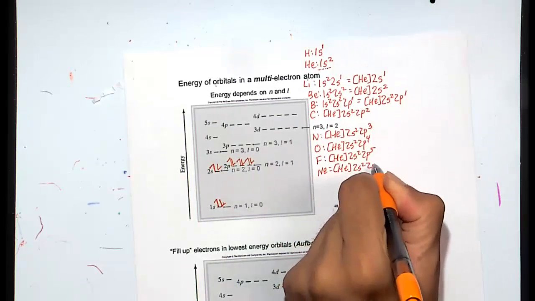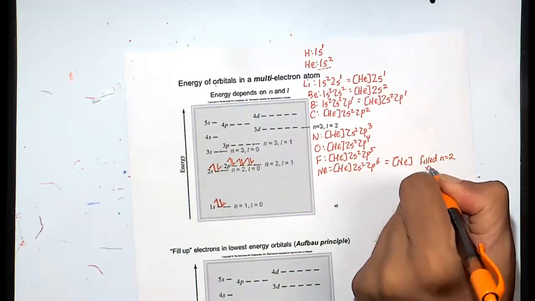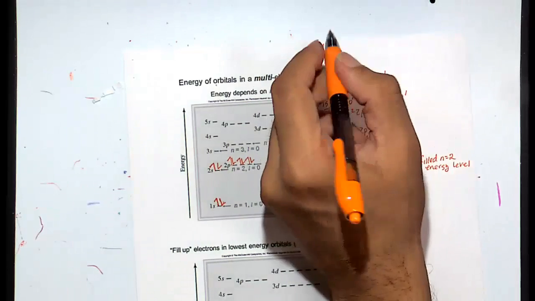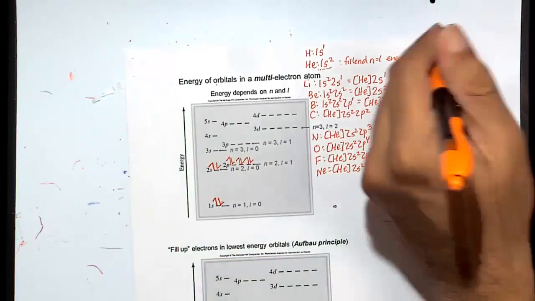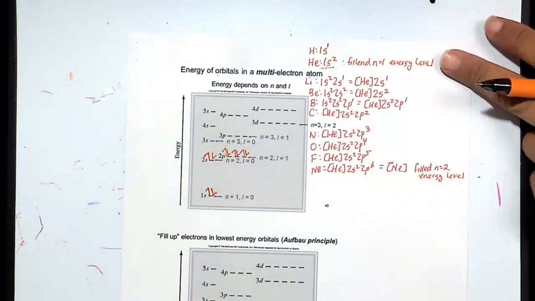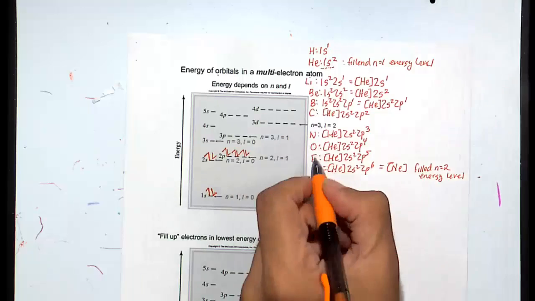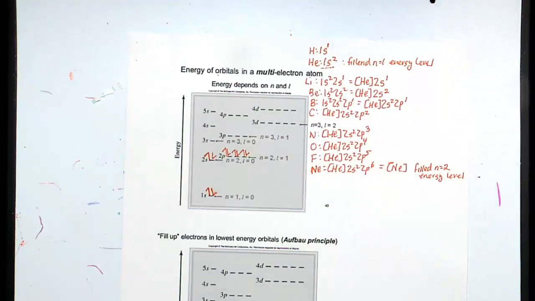It fills the n equals 2 energy level. Same thing with helium, filled n equals 1 energy level. You've actually filled the whole shell. You filled all of the s and p orbitals of energy level 1 for helium. Neon, you filled all the s and p of n equals 2. So that's why these are noble gases. Shall we continue on?